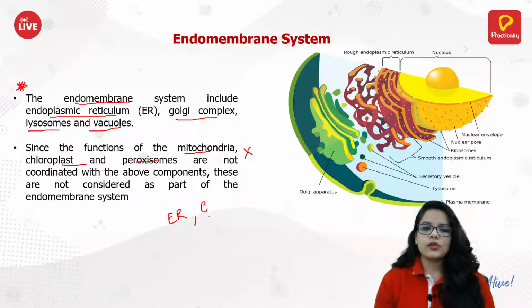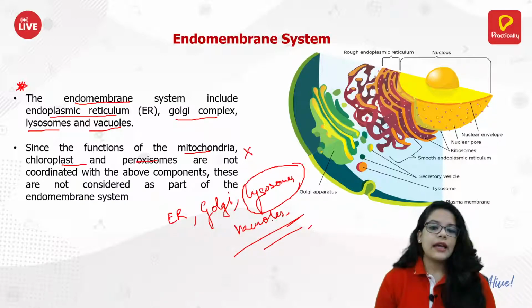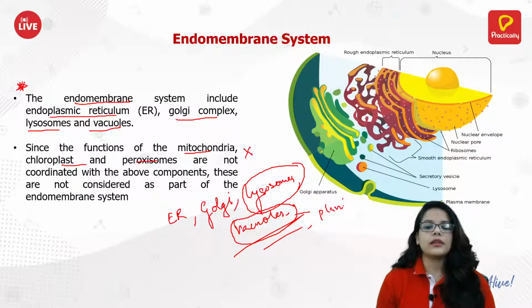Then there is Golgi complex, lysosomes and vacuoles. Be very sure that lysosomes are mostly present in animal cells, and big vacuoles are present in plant cells, while small vacuoles are present in animal cells.